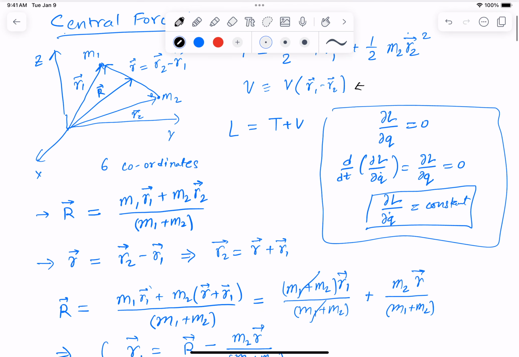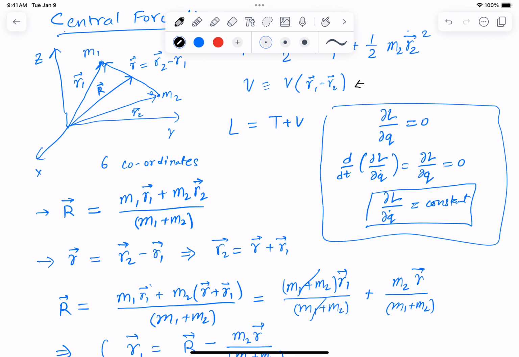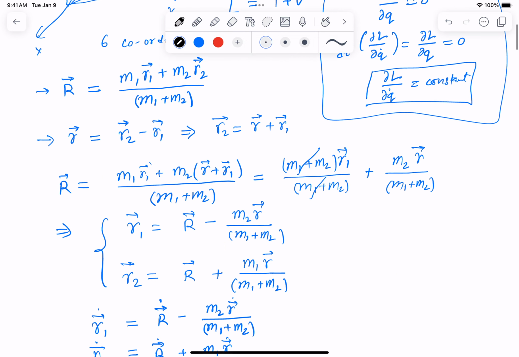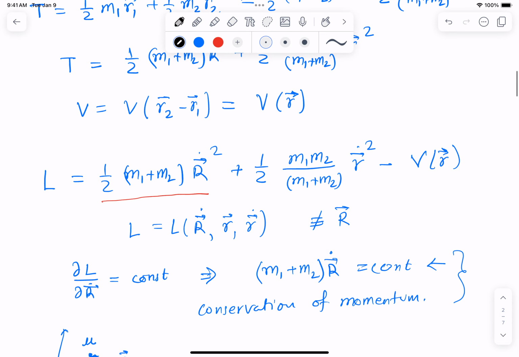After that, we did a change of coordinates. So we went from R1, R2, the vectors of the two objects, to the center of mass and the relative position, R1 minus R2. Once you do that, you massage through the equations, you get the Lagrangian that depends only on R dot and capital R dot.